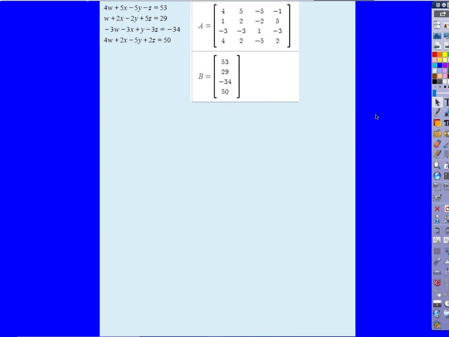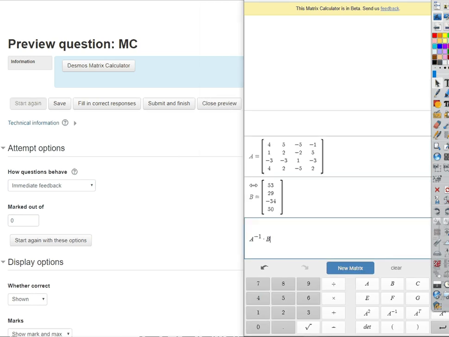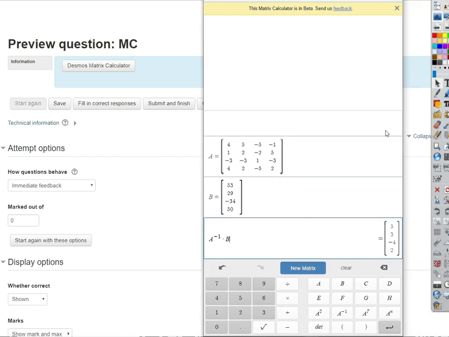Okay, so there's matrix A and matrix B, right? And then we'll just roll down, and then I'll take a picture of this at the bottom, maybe. There we go.